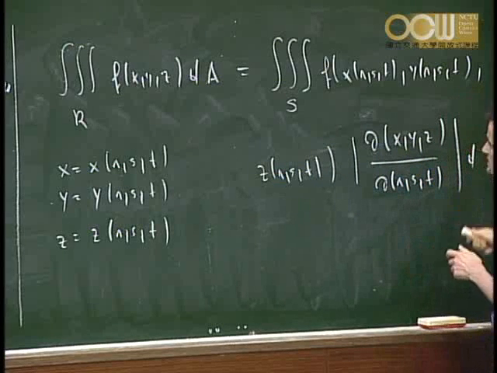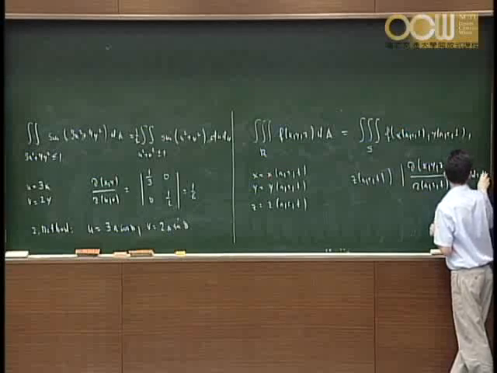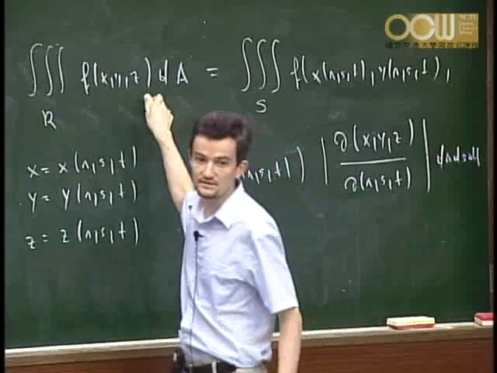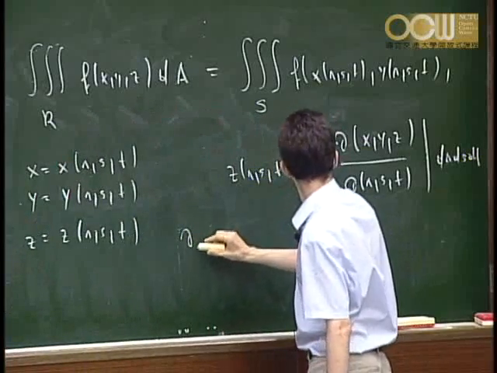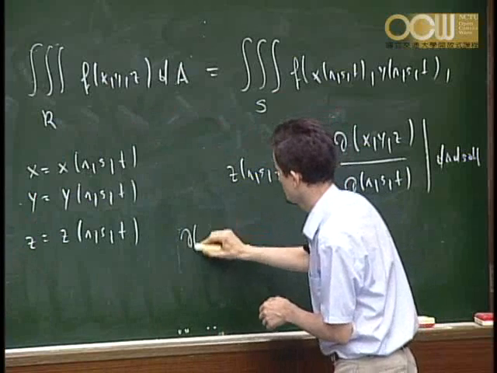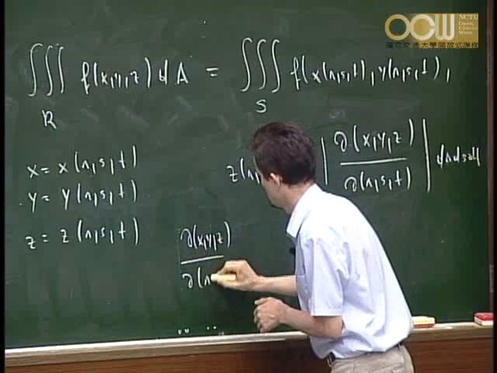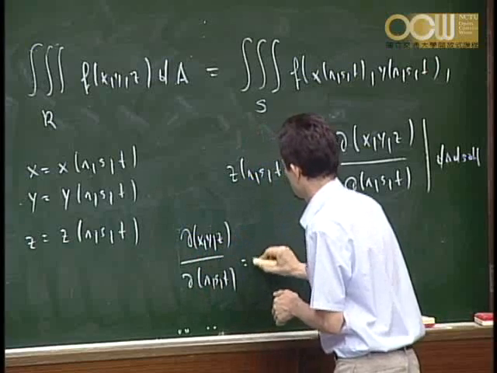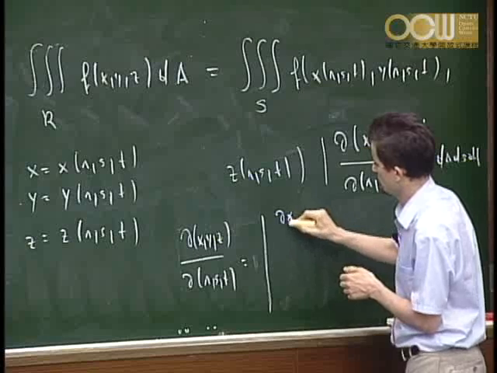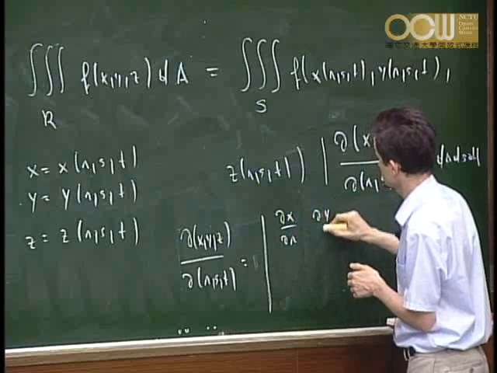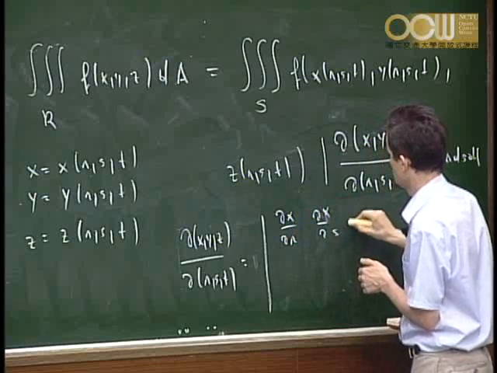Multiplied with dr ds dt. So this is the effect onto dA. Okay, where the Jacobian is defined similarly, just by a larger... no, sorry, this is x with respect to s.